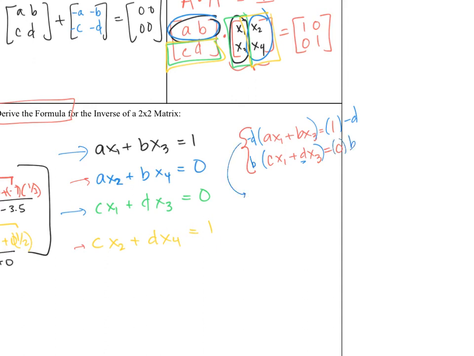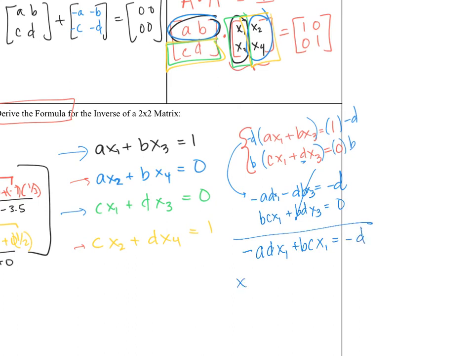So the top becomes negative AD x1 minus BD x3 equals negative D. The bottom equation becomes BC x1 plus BD x3 equal to 0. So when we combine these together, you'll see the x3's cancel. We're going to have negative AD x1 plus BC x1 equal to negative D.